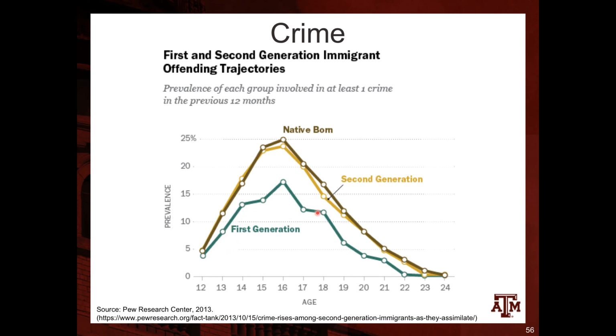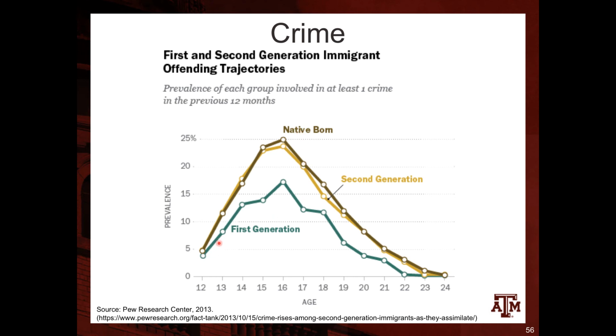First generation immigrants are those people who were born in another country and now live in the US. Second generation were born in the US, but their parents were born in another country, as I explained to you before. And native born are those who were born in the US and whose parents were also born in the US.